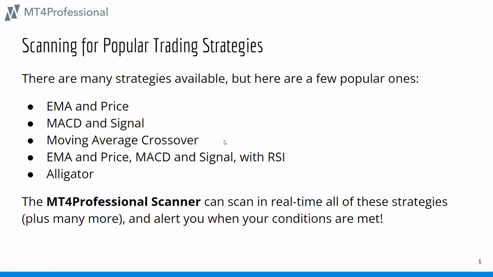All right. Well, looking at different strategies that people employ and that they use within a scanner, some of the most popular ones are EMA and price, where you're looking at pure price action. There are a lot of pure price action traders out there, and you're looking at that relative to an exponential moving average to give you context in the direction or in the entry or exit of a position.